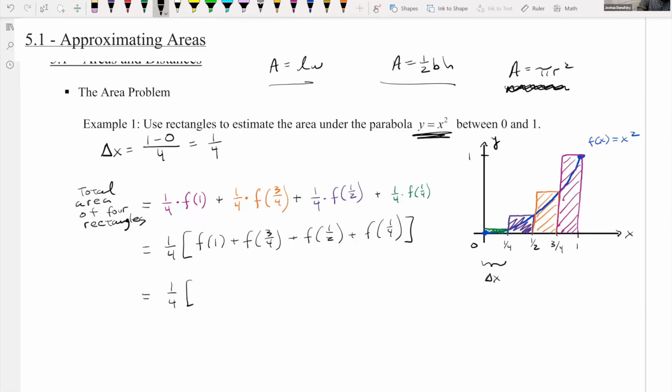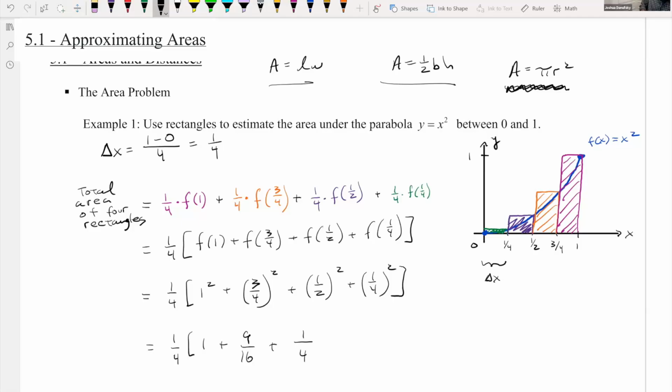The function is squaring, right? So I just have to square each of these values. 1 squared plus 3/4 squared plus 1/2 squared plus 1/4 squared. And we're going to get 1 plus 9/16 plus 1/4 plus 1/16.